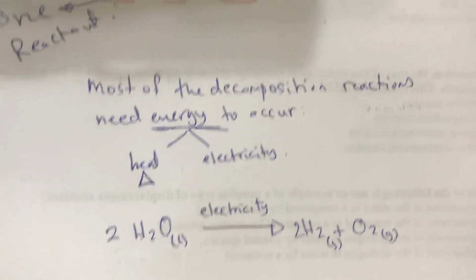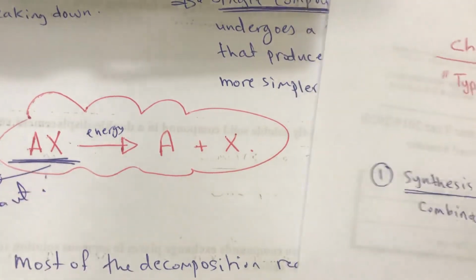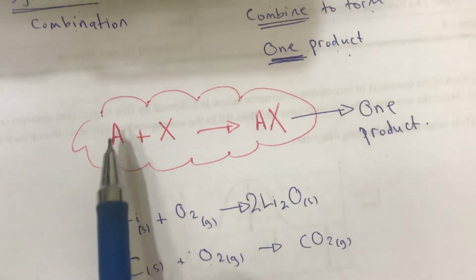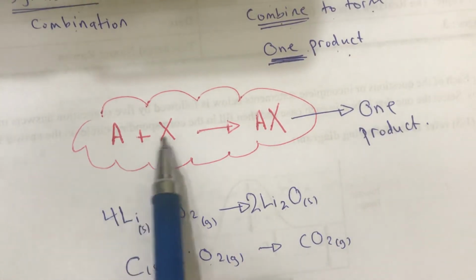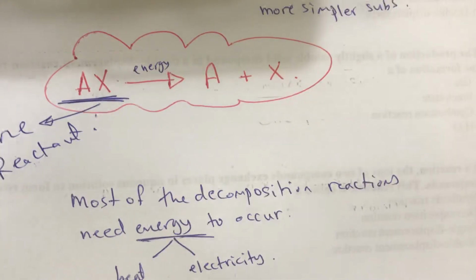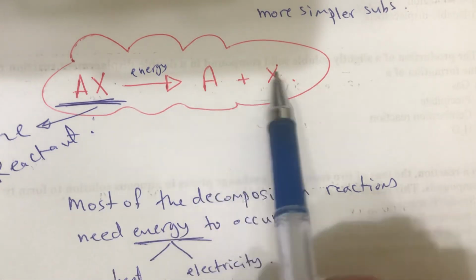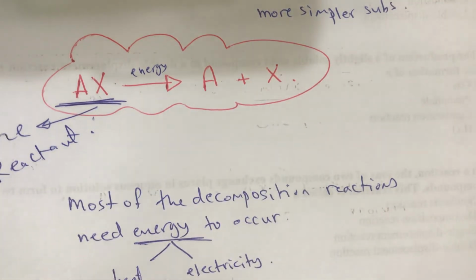So if you observe, the decomposition reactions are the reverse of synthesis reactions. Here, two substances combine to form one product, and here, one reactant decomposed to two simpler substances.